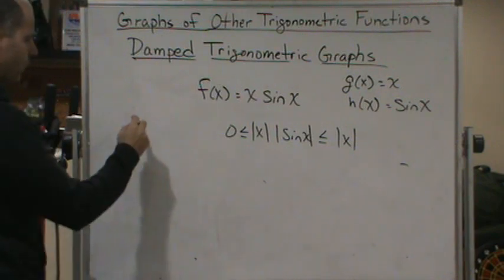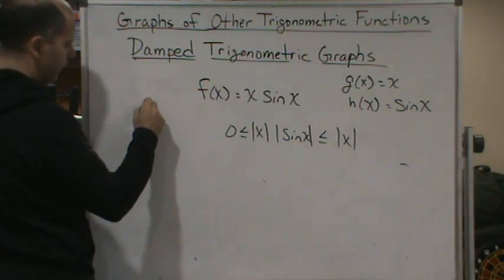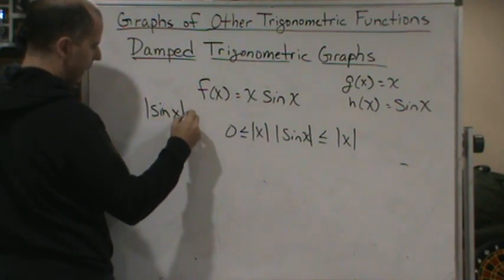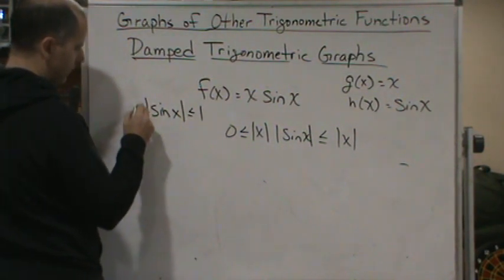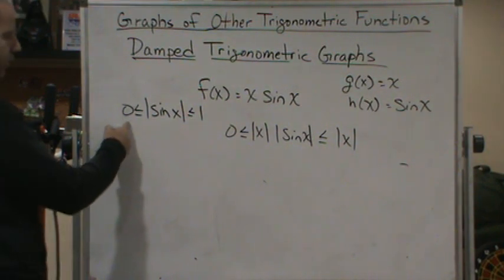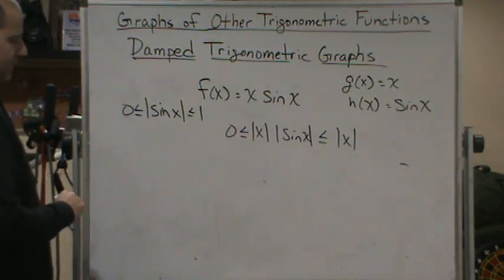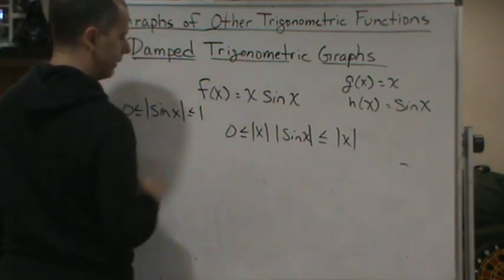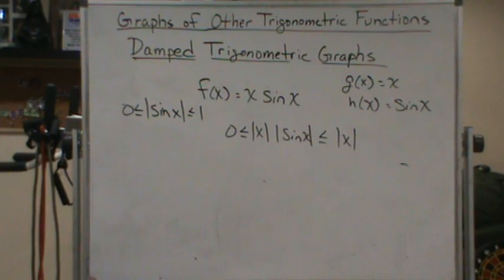But also, another way to look at it is we know the absolute value of sine x is between 0 and 1. Of course, if we multiply all three pieces of the inequality here by the absolute value of x, we get this. Okay? So we know that, right?